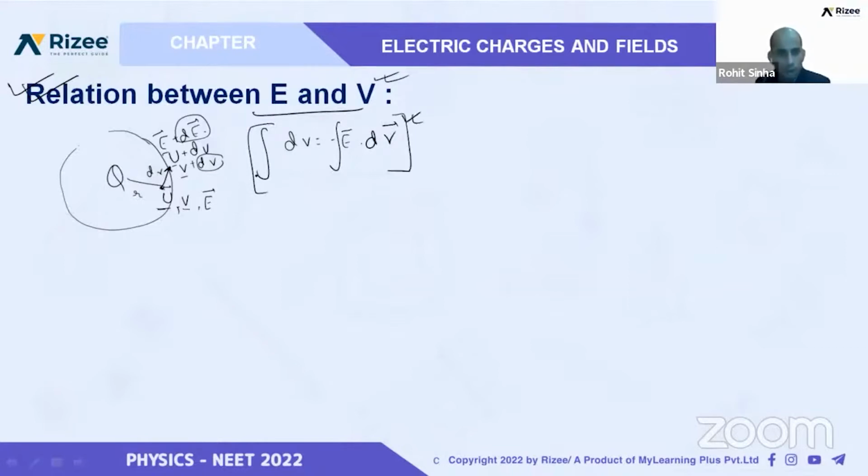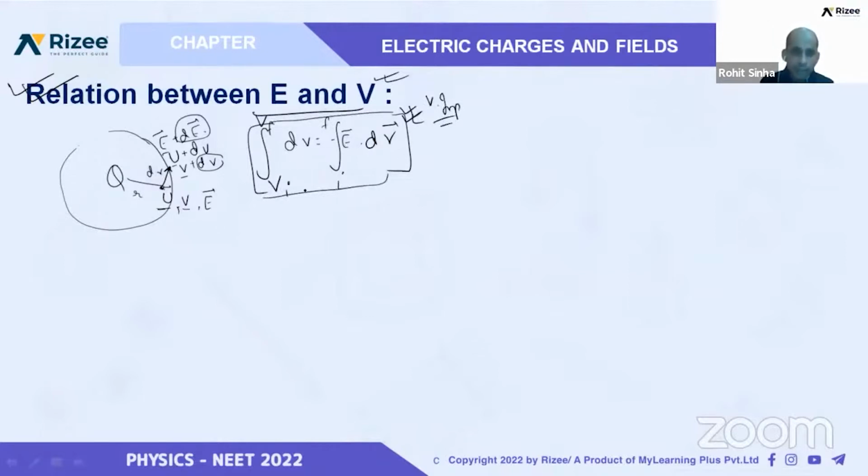Now we will proceed from initial to final point on both sides. And remember this is a very important formula, because a number of questions have been asked from here.